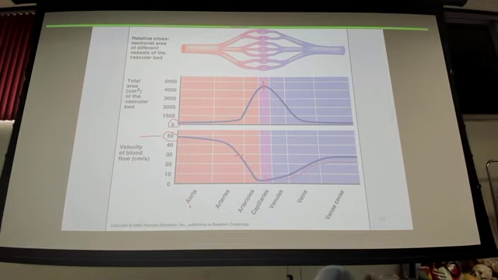I think what I said on that one is that volume of flow is going to be biggest in the smaller vessels because more of the blood is in the vein. Not that it's going faster, that there's more stuff.